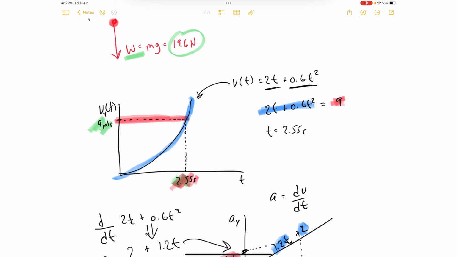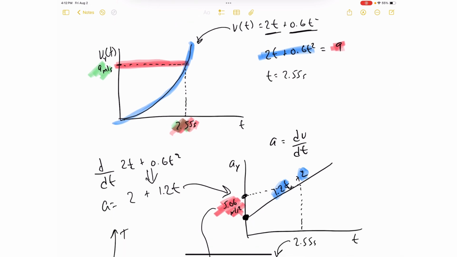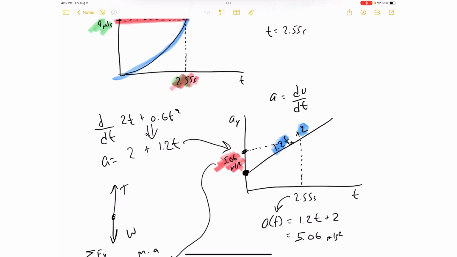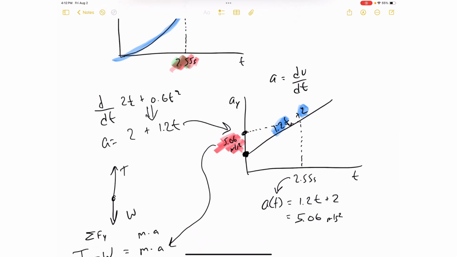I said, where did those intersect? Oh, 2.55 seconds. And then I differentiated the velocity function, created the acceleration function, because that's what I'm really looking for. And then once I had the acceleration function, I passed in 2.55 seconds into the t parameter, and it popped out 5.06 as the acceleration.